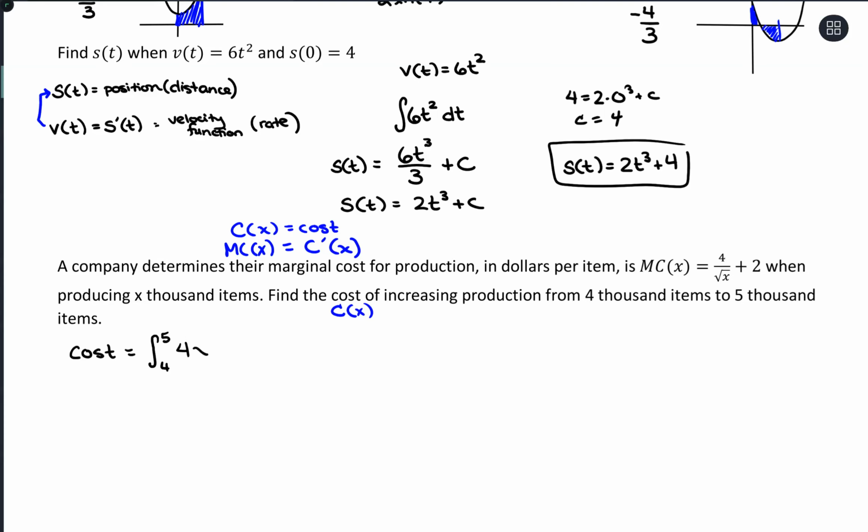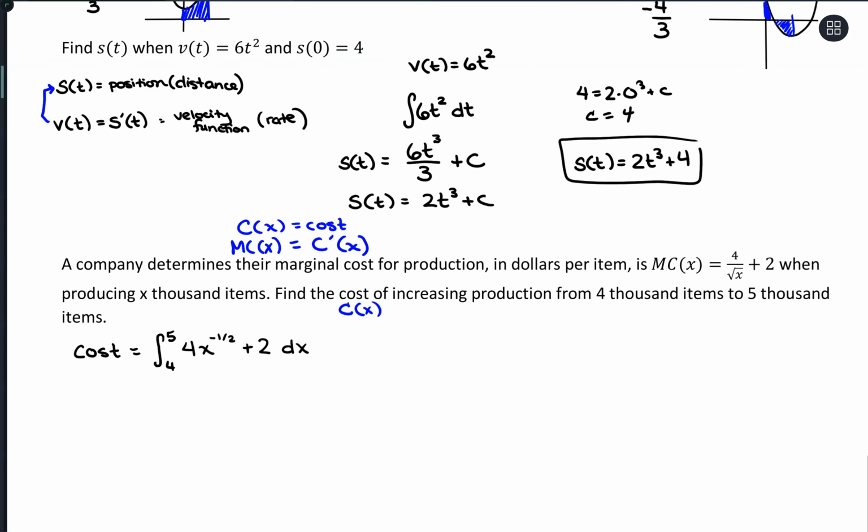So let's go 4x to the negative 1/2 plus 2 dx. And we want to evaluate that definite integral, and that should give us our cumulative cost for increasing production from 4 to 5,000.